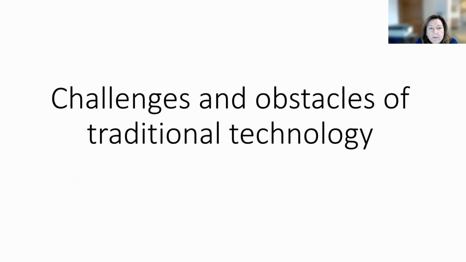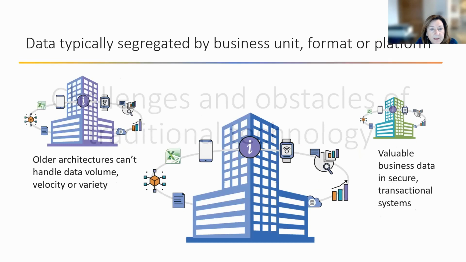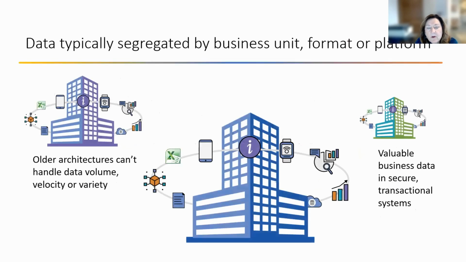So let's talk a little bit about the challenges and the obstacles of traditional technology. Many enterprises rely on the mainframe, and there are challenges with getting the data in a timely manner from the mainframe to use it as needed. Typically in organizations, that data is segregated by business unit, by format or platform.